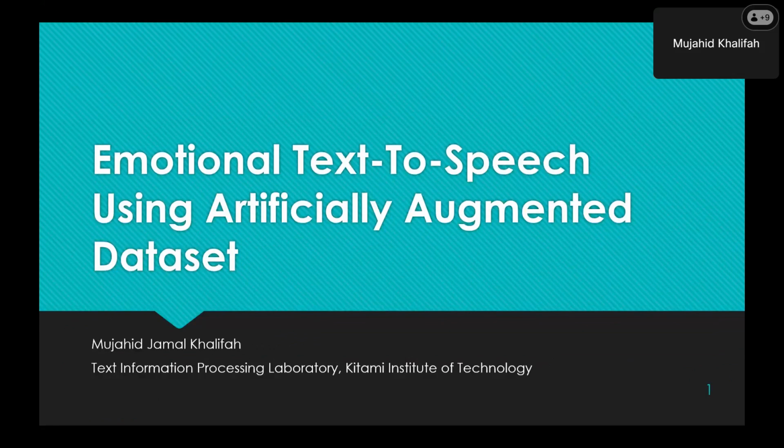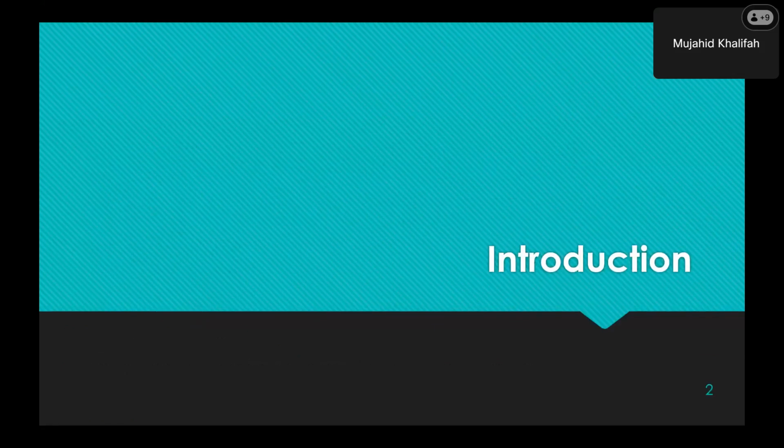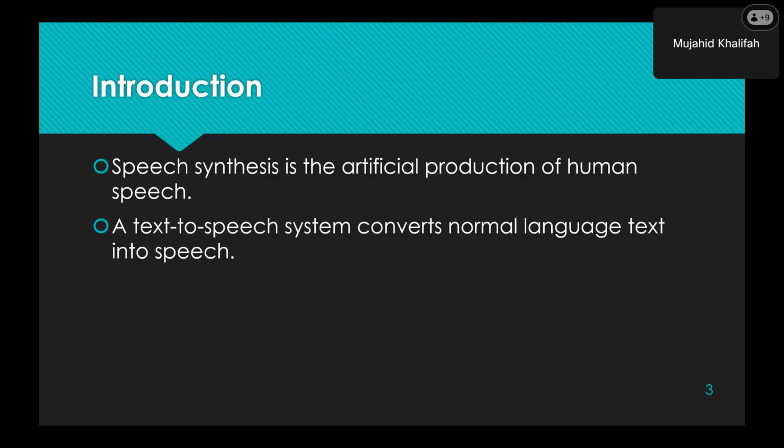So hello, my name is Kitami. Today I'm going to talk about my research, emotional text-to-speech using artificial augmented dataset. As an introduction, speech synthesis is the artificial production of human speech, and a text-to-speech system converts normal language text into speech.